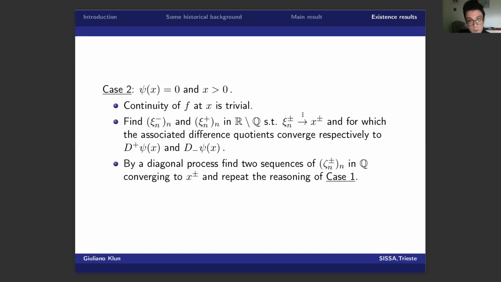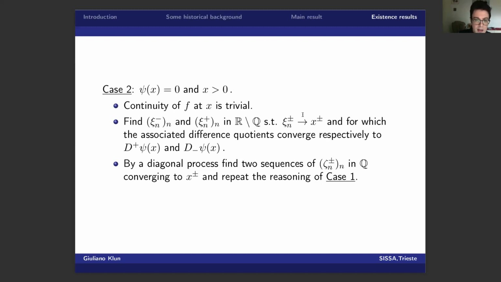So we can find two sequences of irrational numbers, xn plus and minus, converging from the left and from the right to x, for which the associated difference quotients converge respectively to the upper right and the lower left derivative. And this gives the desired result.